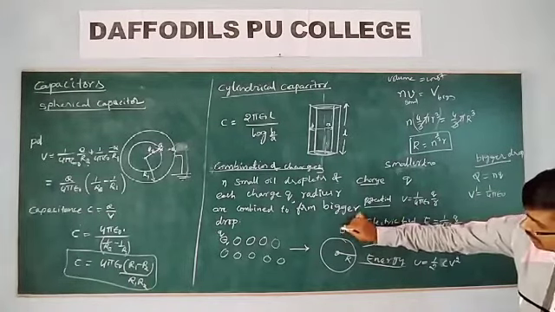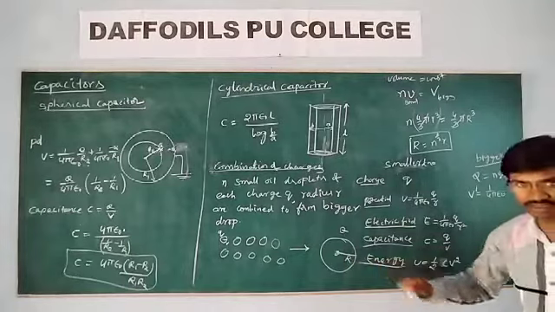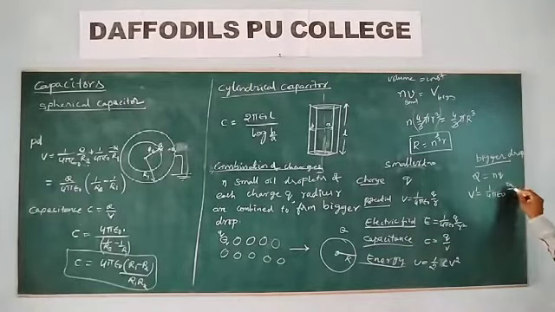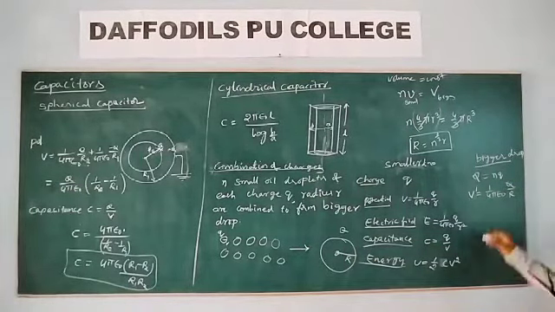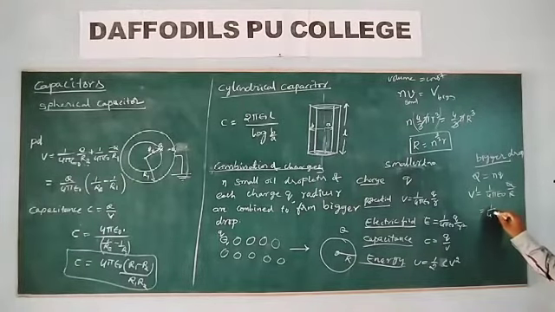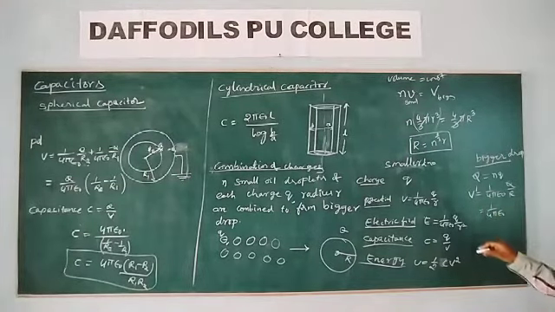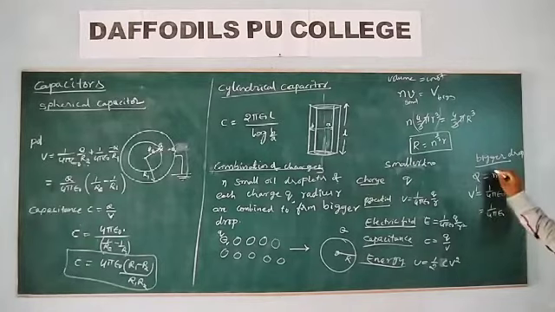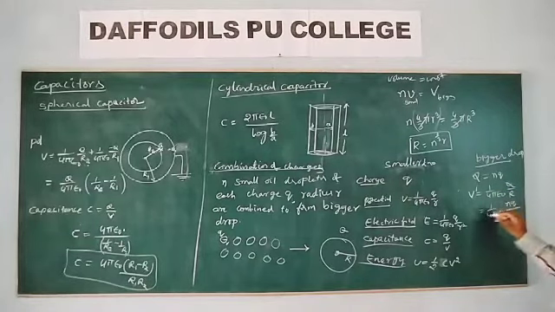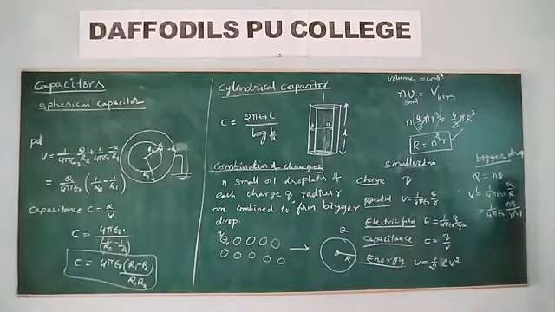The charge on the bigger drop is N Q, and the radius is R. So V dash is equal to 1 by 4 pi epsilon naught N Q by R, and R is nothing but N power 1 by 3 r.